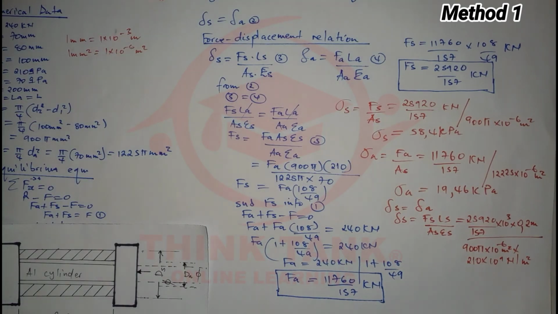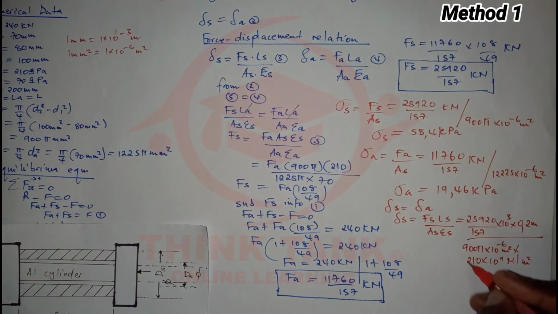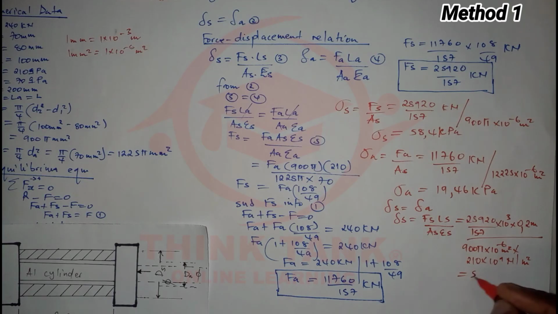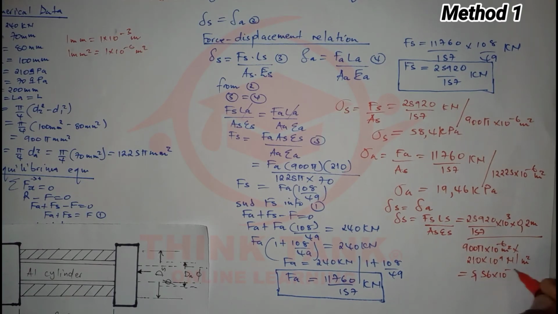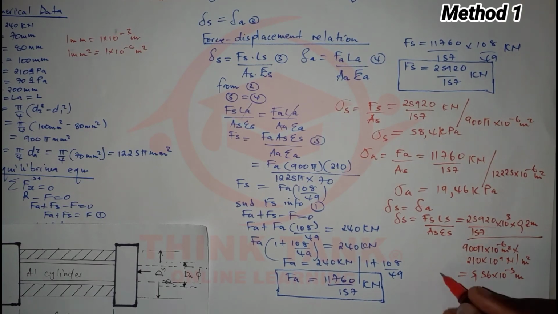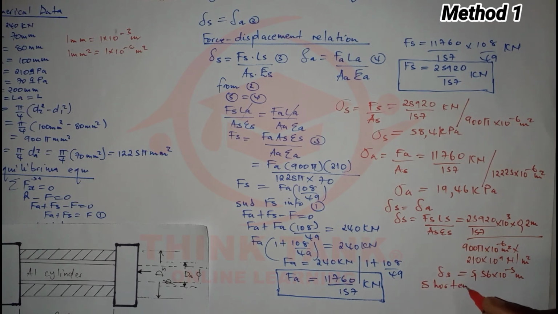Okay, and if we do this, we're going to get our answer as 5.56 times 10 to the power negative 5 meters. That's going to be the change in length of the whole assembly. But since it's a compressive force, it's compressing, so it's going to be shortened. You have to indicate that.